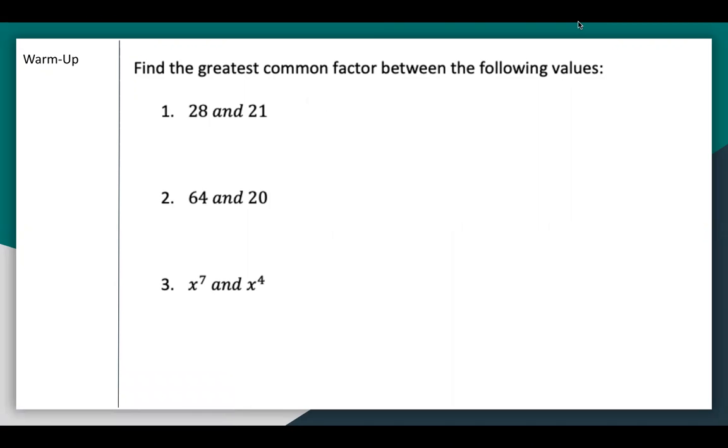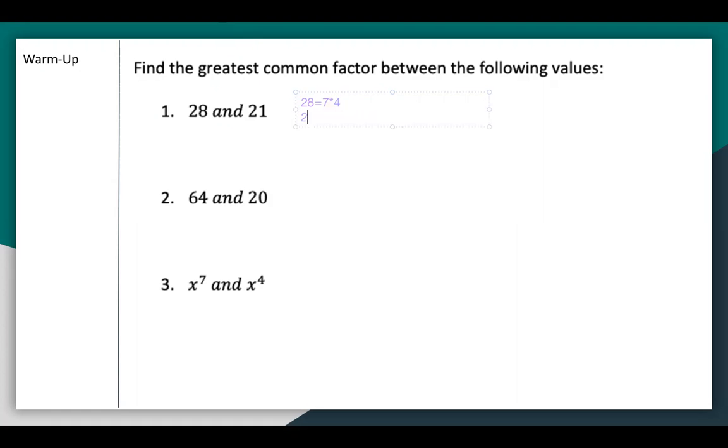All right, if we take a look at this, question 1 says, let's find the greatest common factor between 28 and 21. If I look at this, I can find the greatest common factor by breaking each of these numbers into its prime factors, or its smallest parts. And so when I do that, I would break down 28 to be equal to 7 times 4.